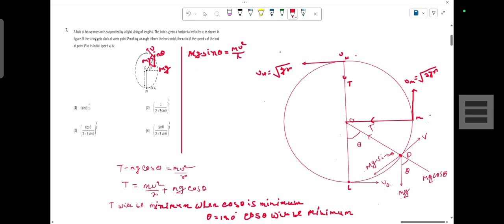So m cancels out, so gL is equal to v square upon sin theta.